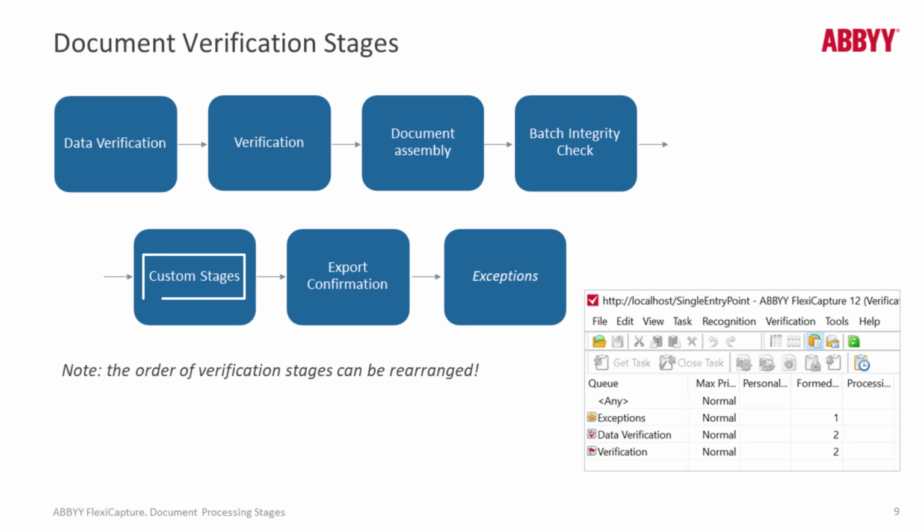You can add custom stages, so certain documents go to certain stages under certain circumstances. You have the option of turning on export confirmation, and then if there's any problems before the document is exported, it would go to an exception queue. So you've got a lot of different possible stages. Some of them are optional.